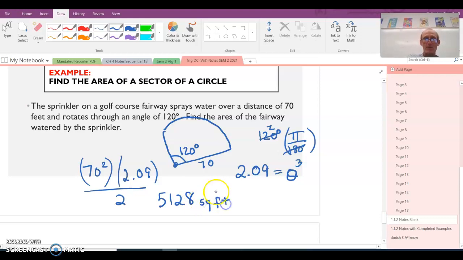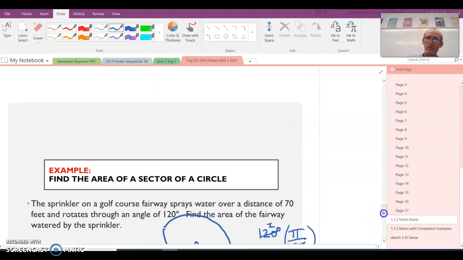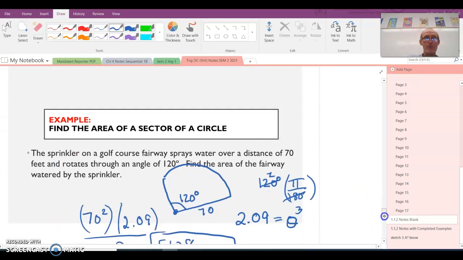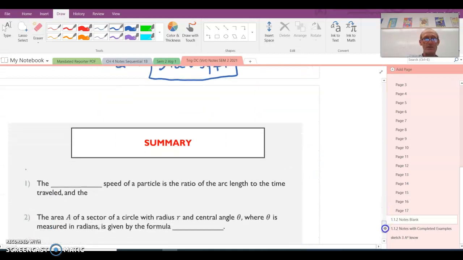That's a lot of area there, but it's a golf course, so go figure. Okay, so applying the formula, 1/2 r squared times theta, or in other words, r squared times theta divided by 2. Okay, area of a sector, fun, exciting stuff.